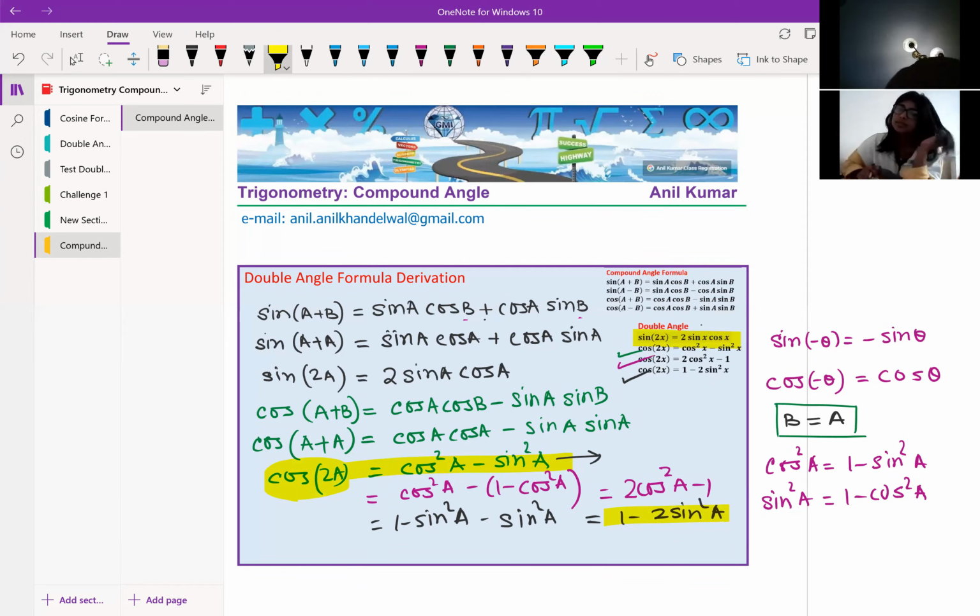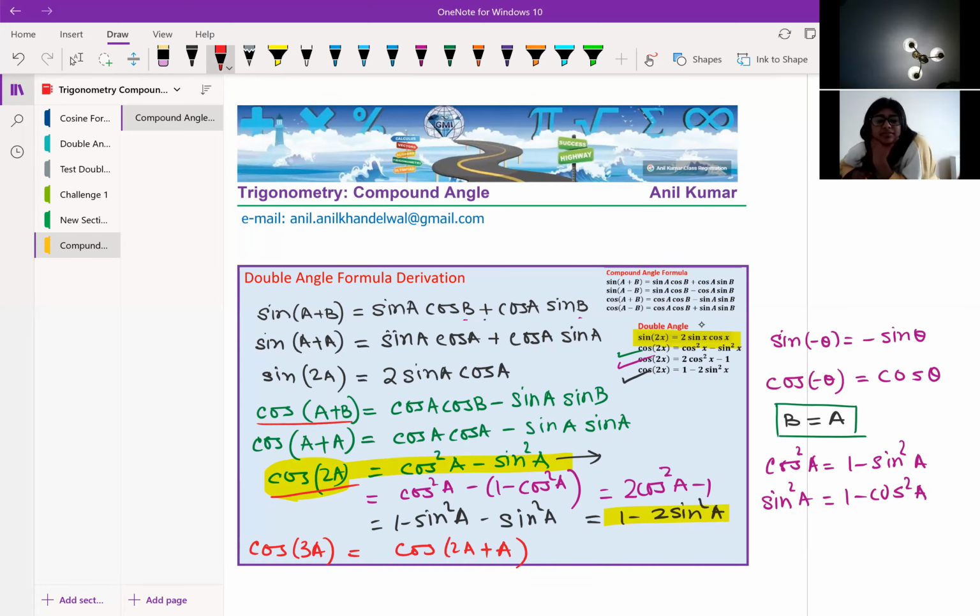As an exercise, what you could do is derive a formula for cos of 3A. How? Simple. Cos of 3A is cos of 2A plus A. You already know what cos of 2A is, and we know the cos of A plus B formula.